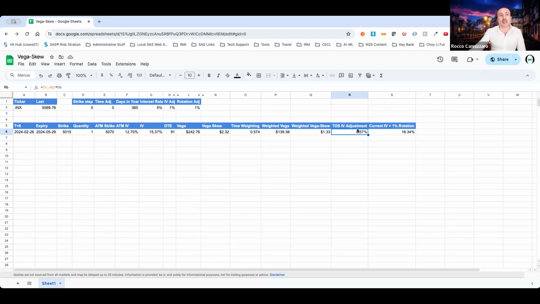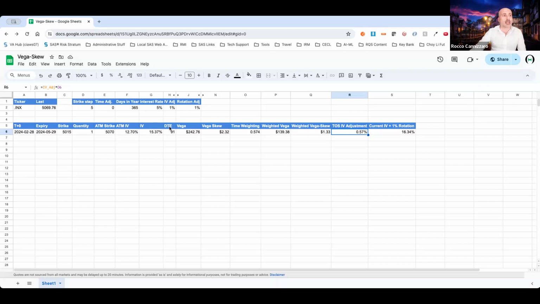And so this number takes into consideration the weighted factor. If I wanted to simulate the impact of a 1% increase in VIX, I would go into TOS for this particular strike and adjust the volatility of this strike by 0.57, not by 1%.